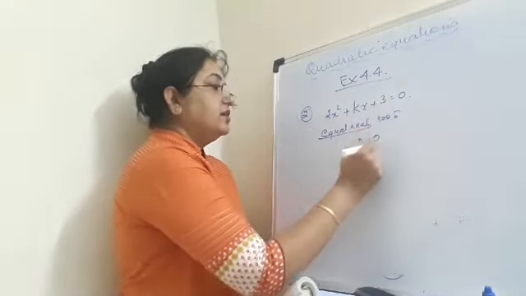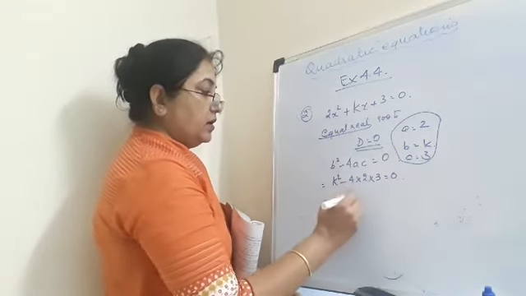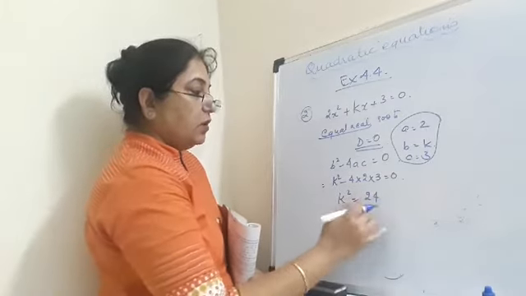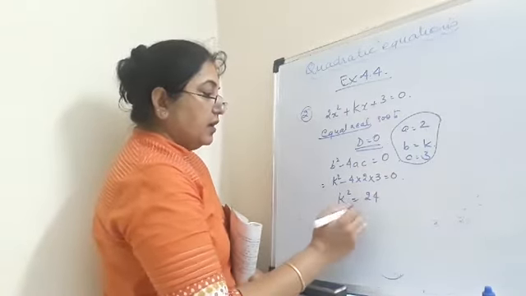Now b square means k square minus 4 into a, 2 into 3, is equal to 0. K square is equal to 24, right? Now we can break up 24 as 6 into 4, and 6 into 4 again we can break as 2 into 3 into 2 into 2.